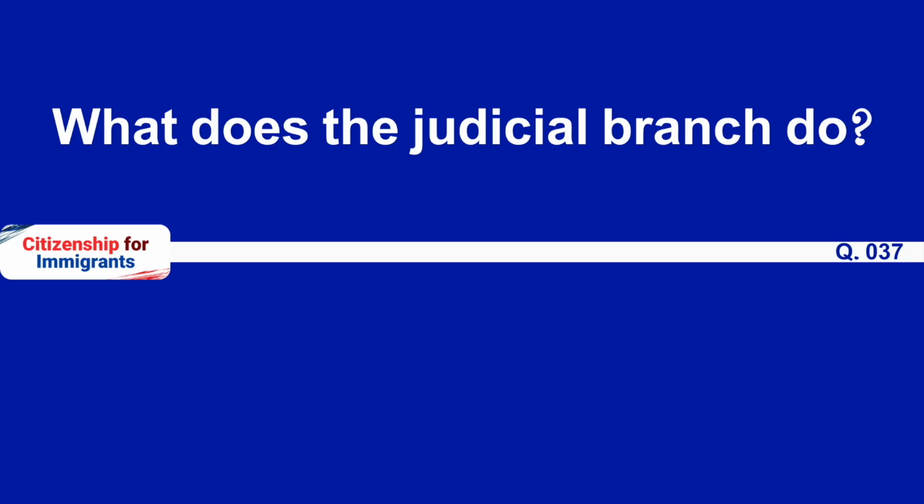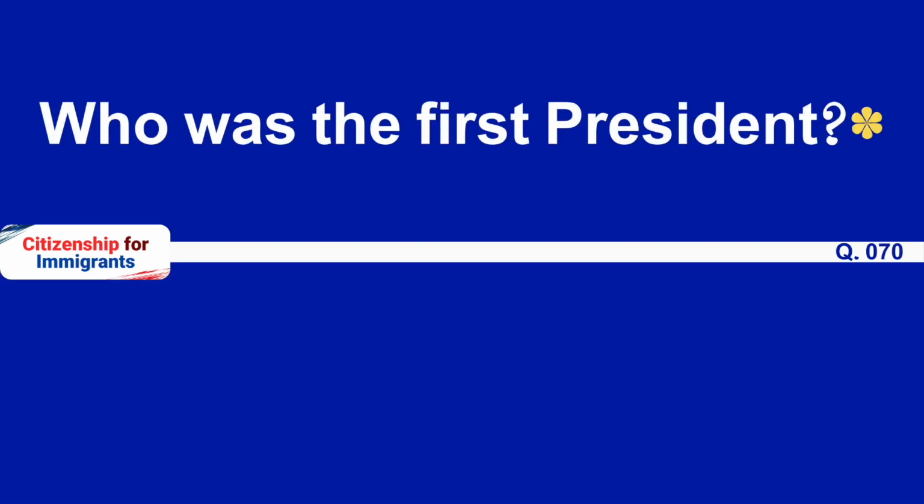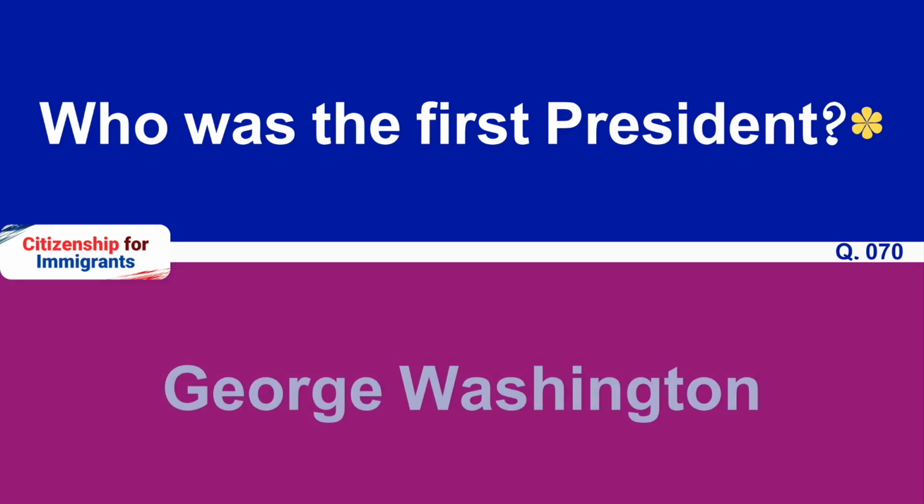What does the judicial branch do? Reviews laws. Who was the first president? George Washington.